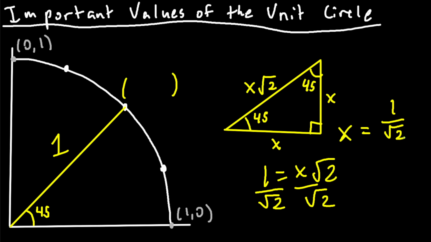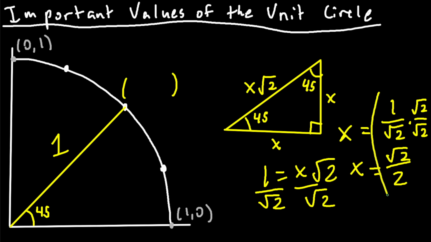Now, the reason why you might not always see this is because for some reason mathematicians really don't like it when you have a square root in the denominator. So what I'm going to do is multiply by the square root of 2 over the square root of 2. So this just ends up being 1, so it doesn't really change the equation at all. We get that 1 times the square root of 2 is the square root of 2, and then the square root of 2 times the square root of 2 is going to be 2.